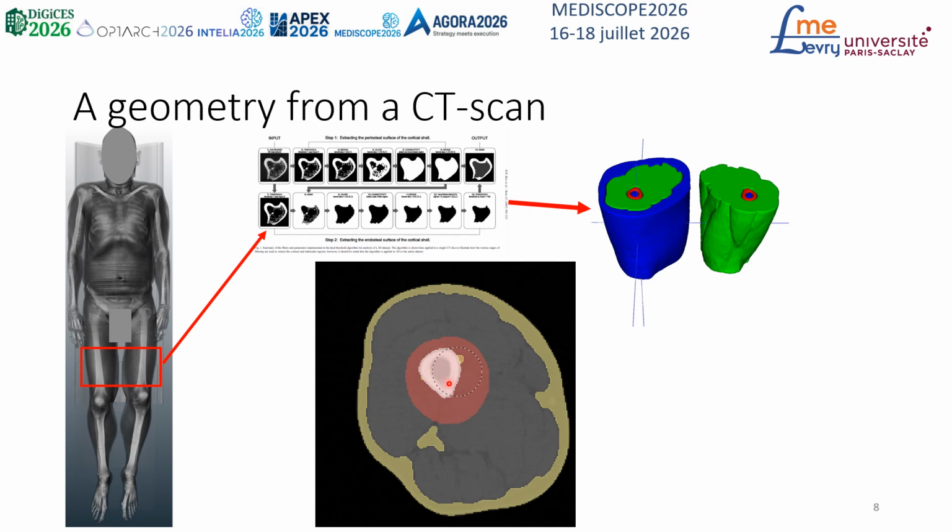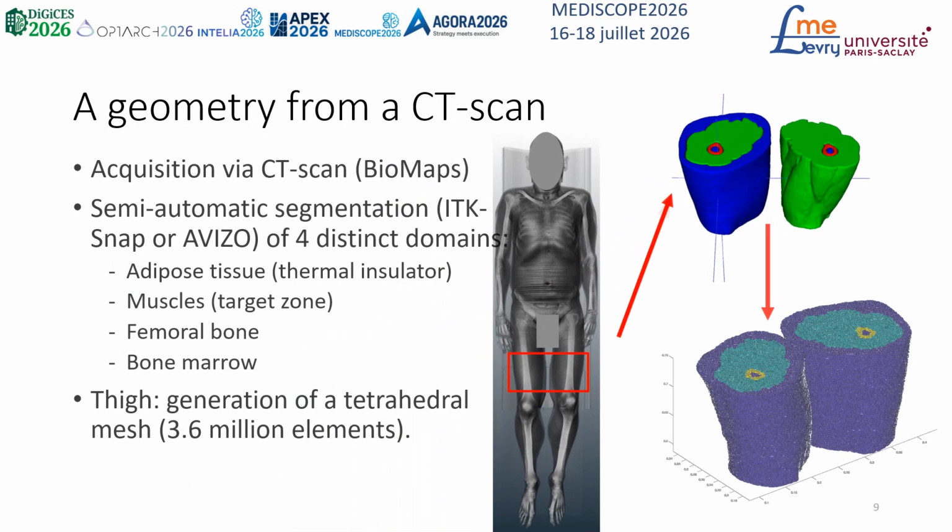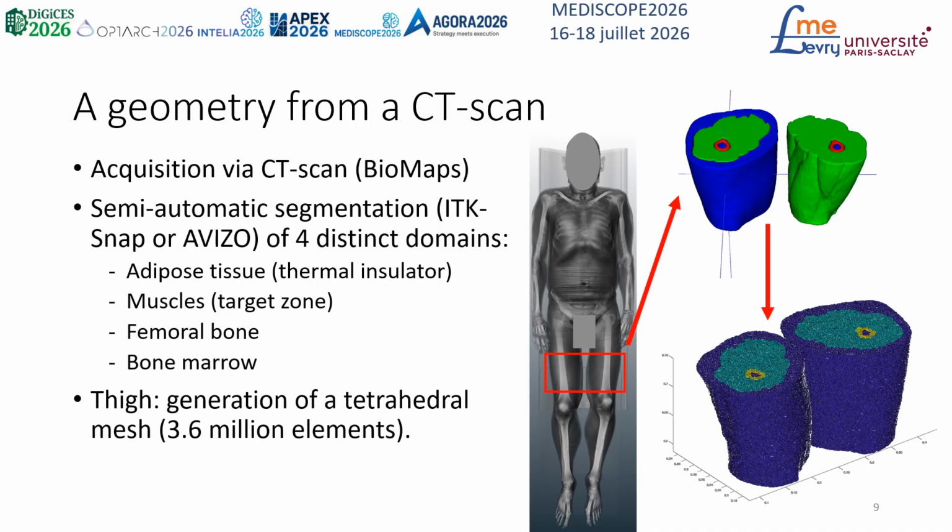The inclusion here exists, but a fair middle ground must be found. After a sensitivity analysis, we obtained a mesh of 3.6 million tetrahedra, just for the thigh.